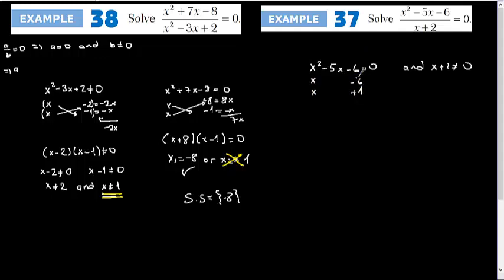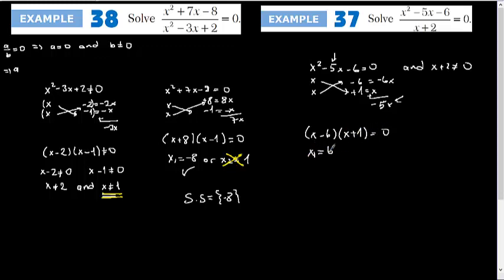Minus 6 times plus 1 is equal to minus 6, and x times 1 is equal to x, x times minus 6 is equal to minus 6x, the sum is equal to minus 5x, which is the midterm and true for us. So this factorization is true, which means x minus 6 times x plus 1 is going to be equal to 0.